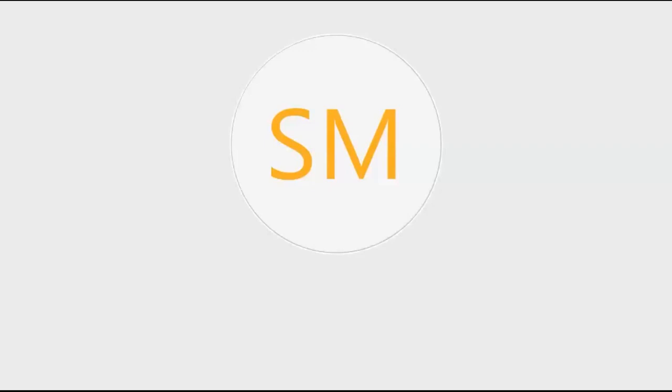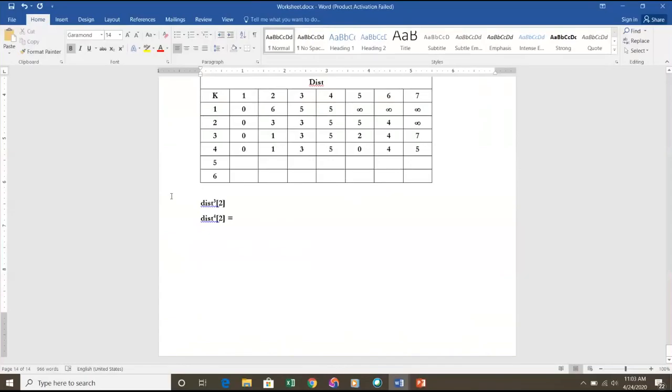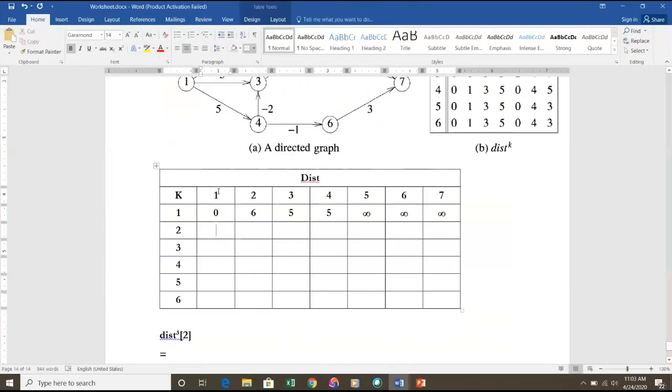I'll directly go to the worksheet, and using the worksheet I will explain how it is done. So we have to take a table like this, and it contains rows starting from 1 till n minus 1, and columns starting from 1 till n.